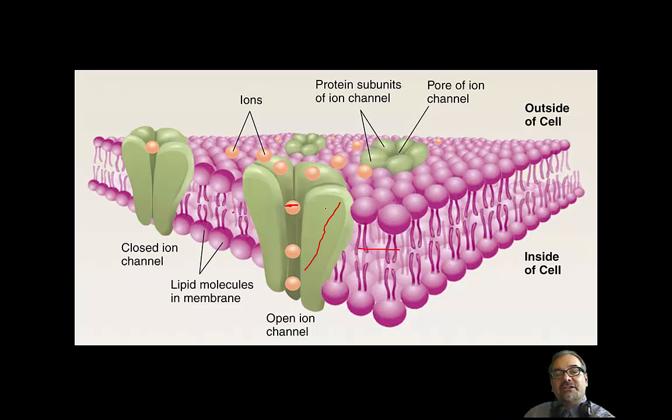Now, that being said, channels differ. Some channels are activated, and this is a really important point, by a change in the membrane potential. So usually the inside of the membrane is negative, except when you have some sort of action potential, and the outside is positive.